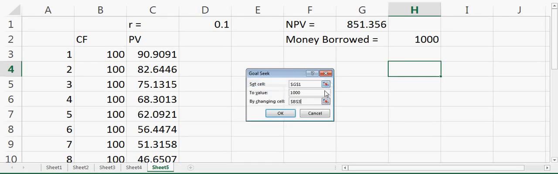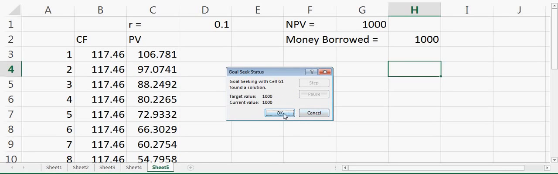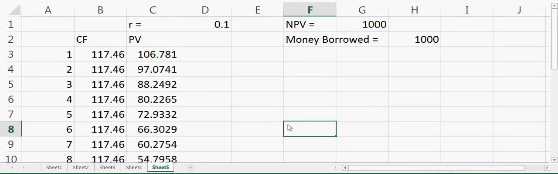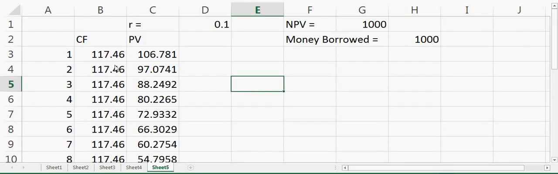You can see that now the net present value is equal to the money which was borrowed, and the cash flow should be 117.46. So the person should pay you 117.46.